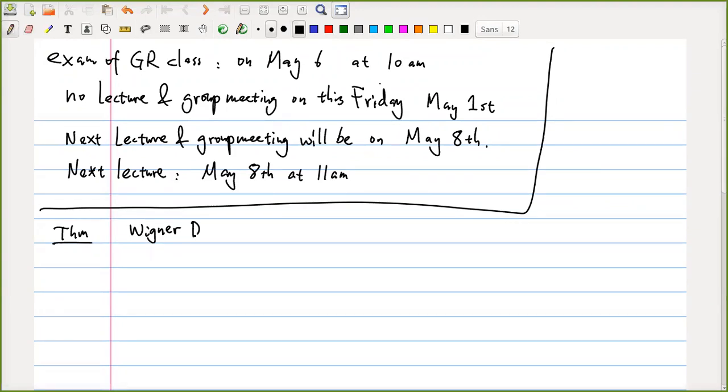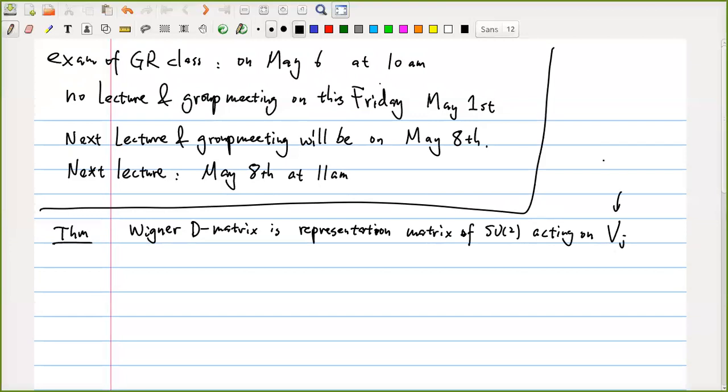The Wigner D matrix is the so-called representation matrix of SU(2) in the spin J representation, acting on V_j. This V_j is the carrier space of the spin J representation.